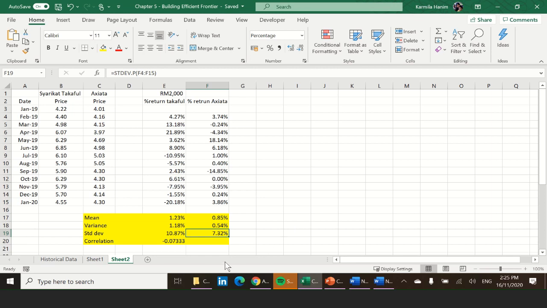The correlation, on the other hand, is negative correlation, okay, but the figure indicates a very low negative correlation because it is far from -1 or 1.